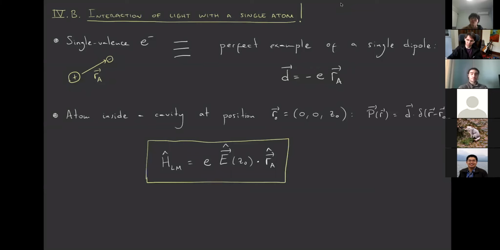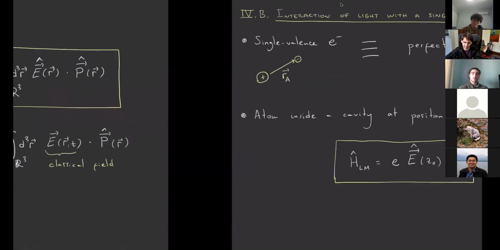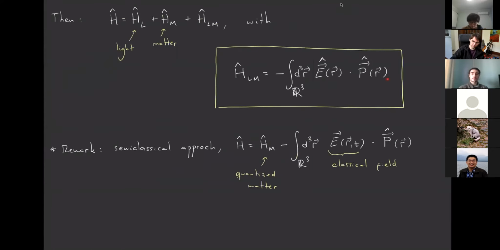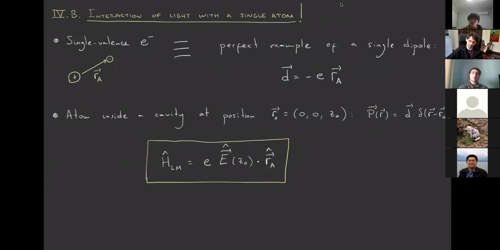If you take this definition of the polarization density and put it in this expression, you get exactly this Hamiltonian, which is the Hamiltonian that we will use. You see that it's very simple: just a multiplication of the electric field times the relative coordinate of the atom.